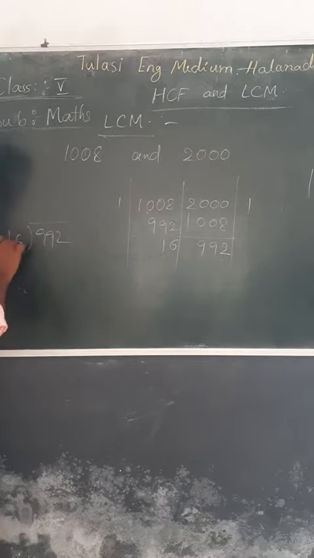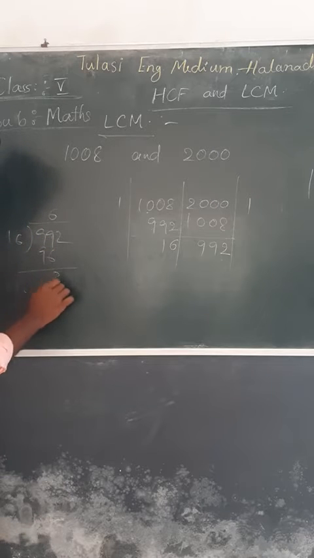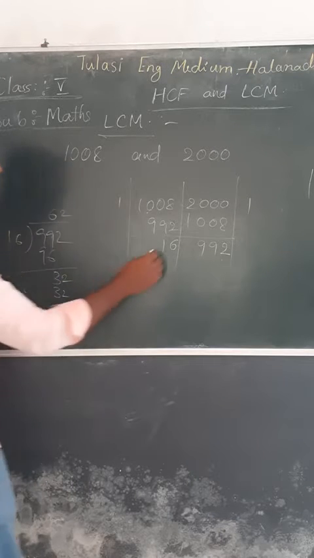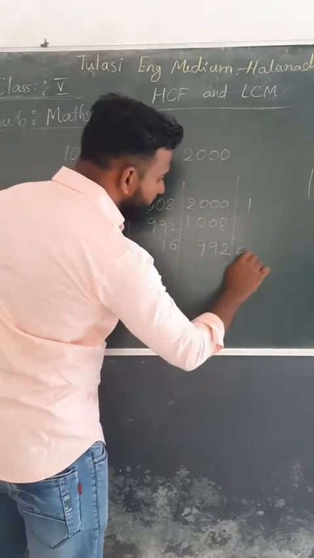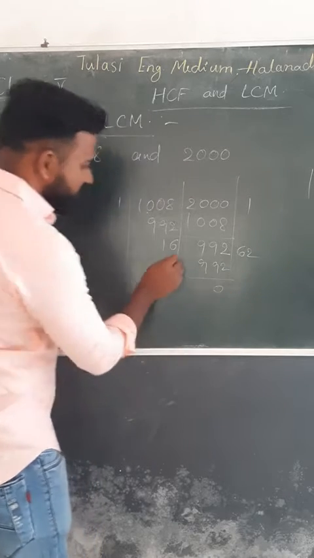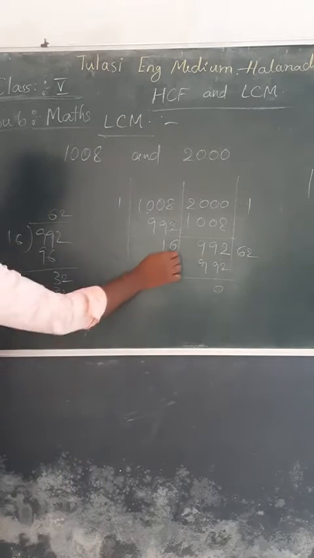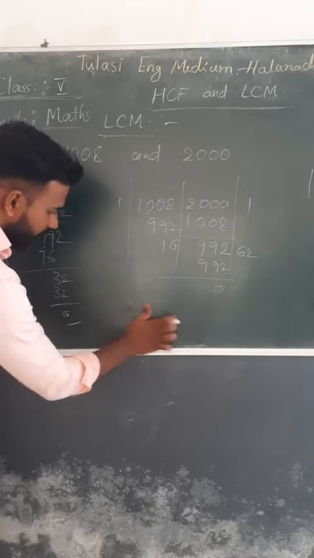Check: 16 6s are 96, 16 2s are 32, so 62 times 992. Remainder 0. Last divisor is 16, so 16 is the HCF.